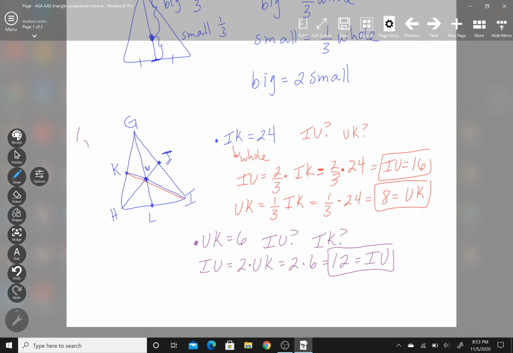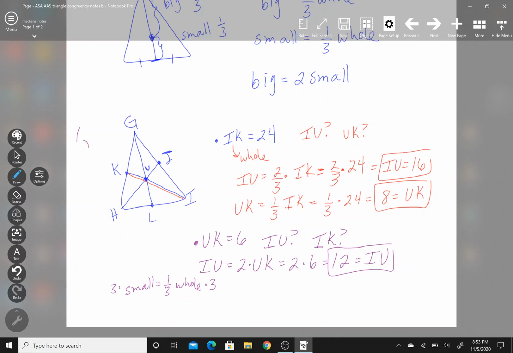And then now there's 2 ways we can go about this. To find the whole thing, we can take our 2 parts and add them together. Or we also know that this small part is 1/3 of the whole thing, right? Small is 1/3 of the whole. Well, we know the small and we want to find the whole thing, so we need to get rid of that 1/3. So you can just do times 3.